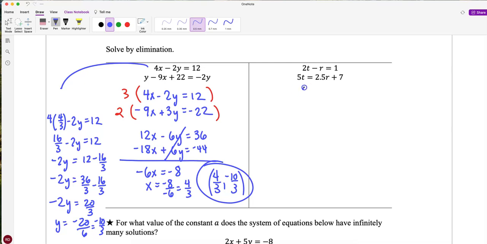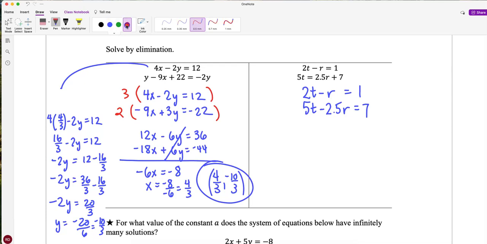Let's see, 2t minus r equals 1, and then 5t minus 2.5r equals 7. So I've got a choice. I can multiply the top equation by negative 2.5 to get the r's to cancel, or I could multiply the top one by, say, negative 5 and the bottom by negative 2.